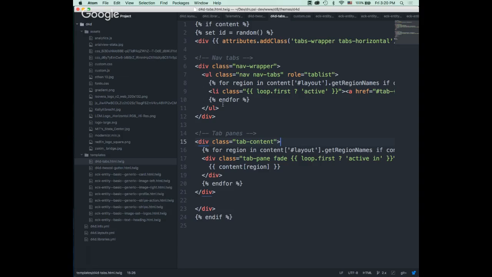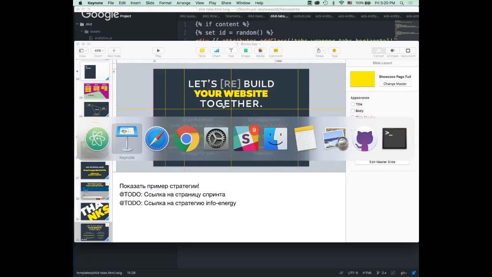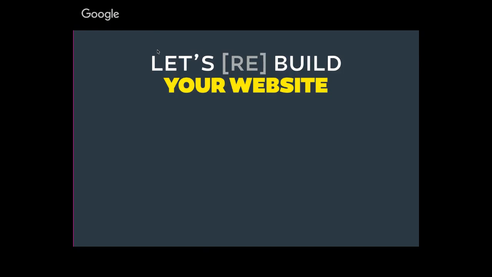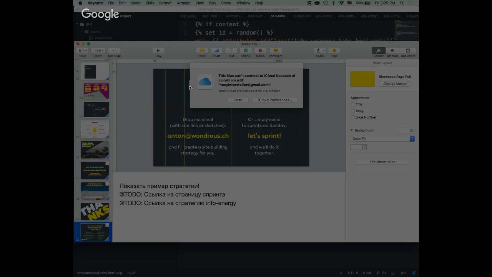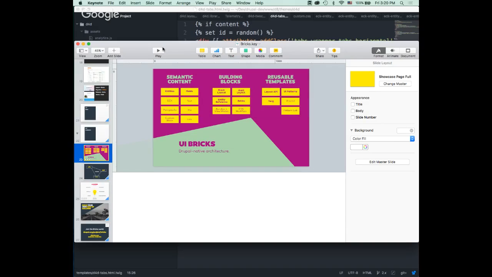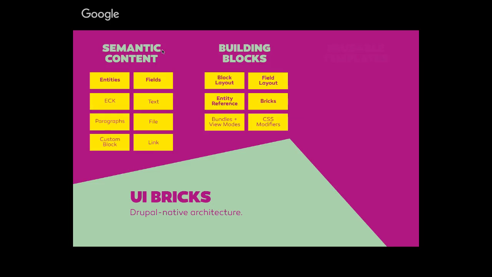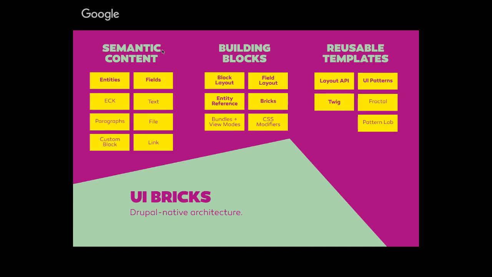Sure. There was something I missed when you were summarizing the approach. You said that you use entity reference, which is in core, layout API, inline entity form, and there were maybe a couple others I missed. You mean this slide? The one before that.